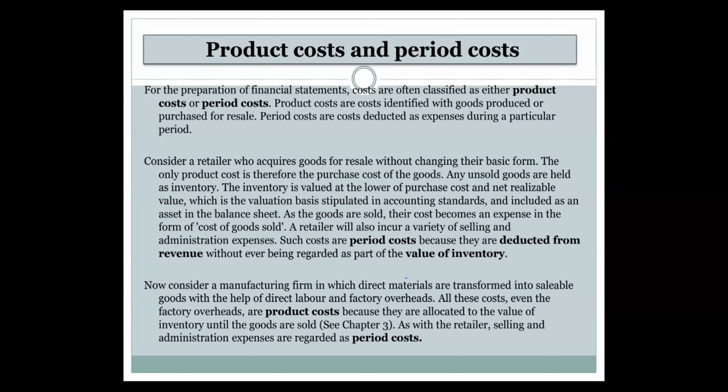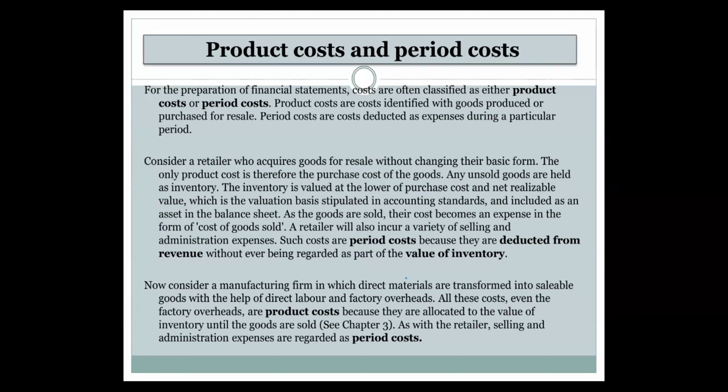The cost we can identify with the goods is product cost, or purchase cost, or cost for resale, whatever it is. And period costs are costs deducted as expense during a particular period. Period costs are costs incurred for a particular period. Definitely, they will be incurred for a particular period.